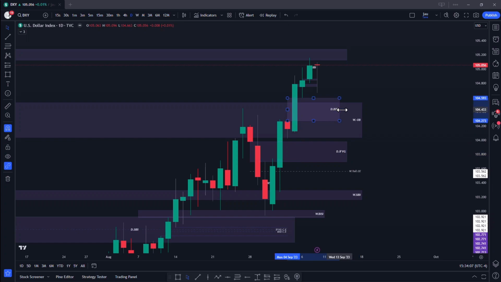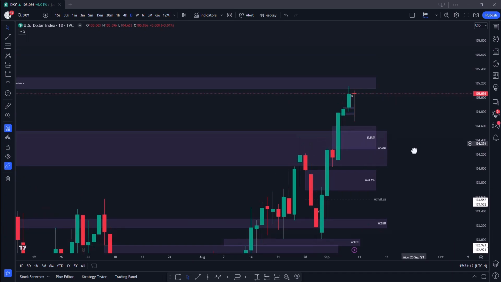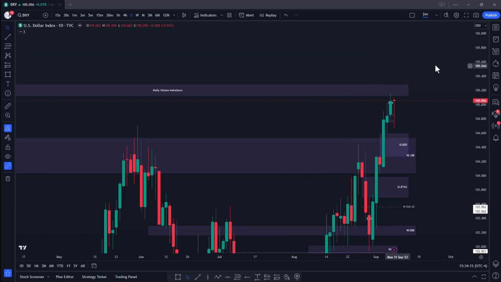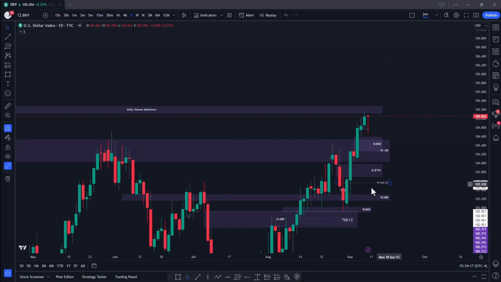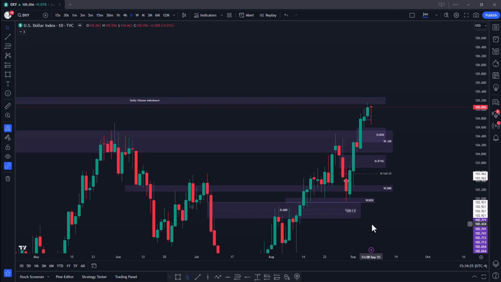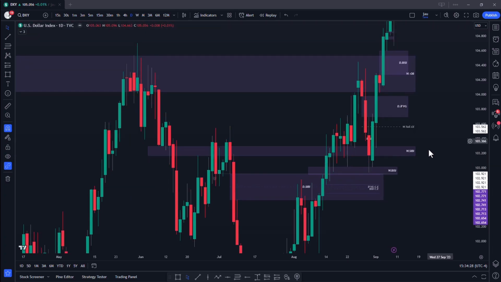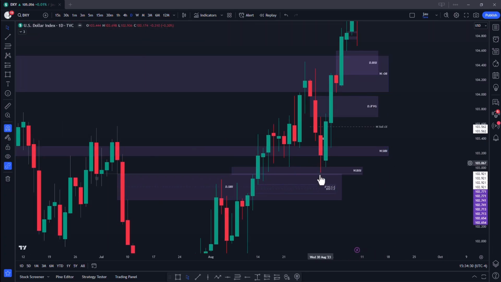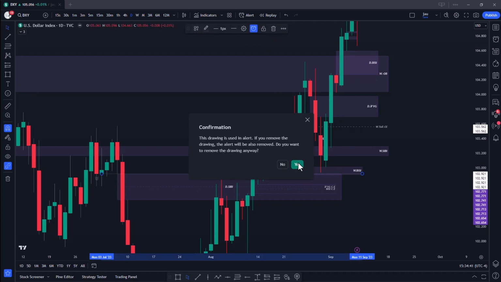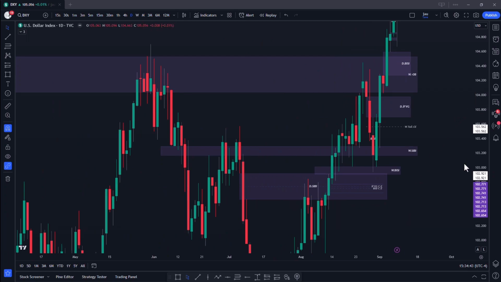We also have this buy side imbalance, which we could see price just tap on and go from there. We may not even go as far down as the consequent encroachment of the weekly tail, or even this. But one level that I would not like to see us trade below is the low of the tail, which is the one that respected the weekly PC. So let's delete this. So that's what I'm looking for going into the week ahead.